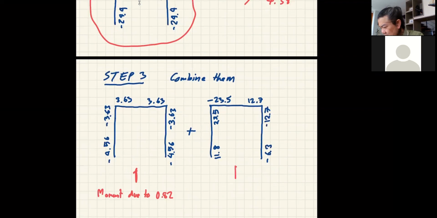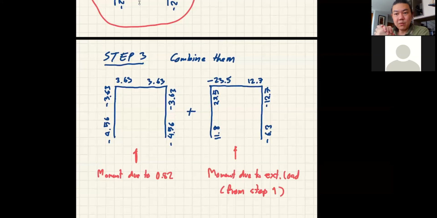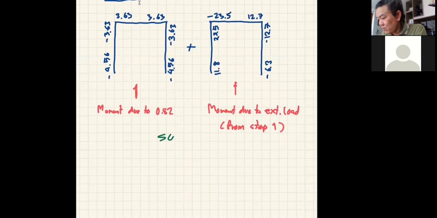This is the moment due to external load. You can say this is from step 1. So it's in a way superposition. You calculate moment due to the load, which is basically the non-sideway business, just like the first example that we did today, and then you figure out moment due to sideway, and then combine them by superposition. So you say superposition works.